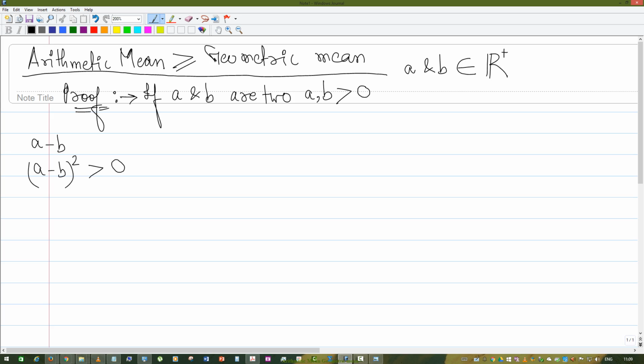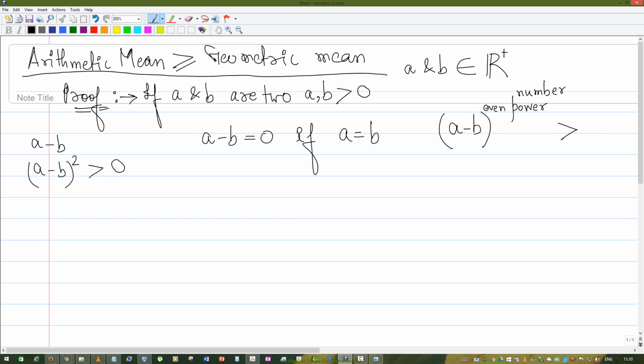The only condition that A minus B can be equal to 0 is if A is equal to B. Even if we take A minus B raised to some even power, this will stay greater than or equal to 0.